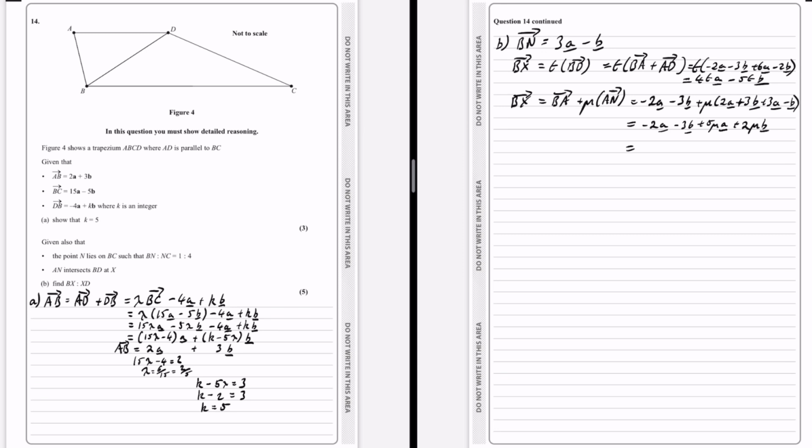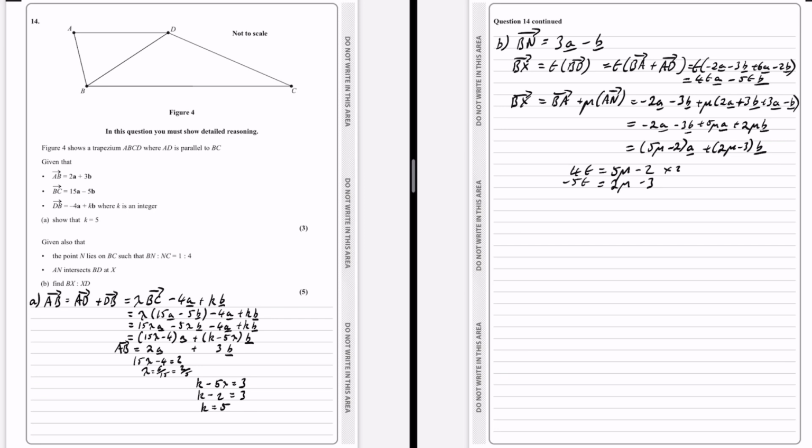And that factorizes to 5 mu minus 2 lots of little a plus 2 mu minus 3 lots of little b. Then I'm going to do the same as before: compare the coefficients of little a and of little b. For the little a's, we've got 4t and 5 mu minus 2. For the little b's, we've got negative 5t and 2 mu subtract 3.